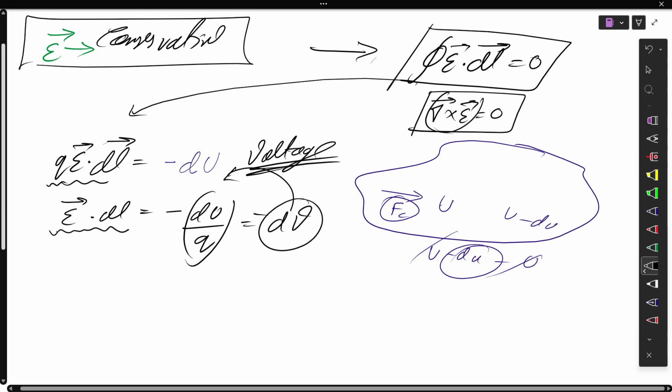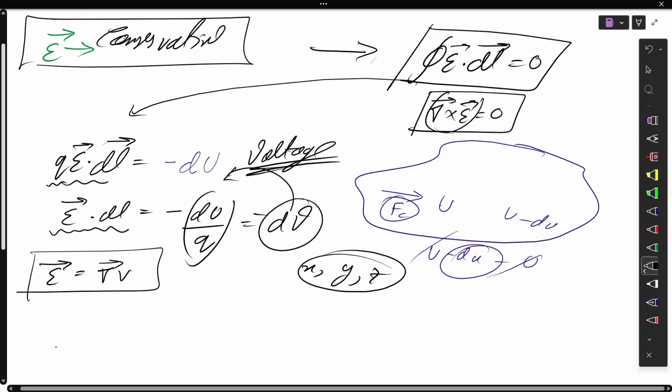If I want to analyze the electric field with respect to a scalar in all three dimensions x, y, and z, using the gradient theorem, I can name it as the nabla of V. How?